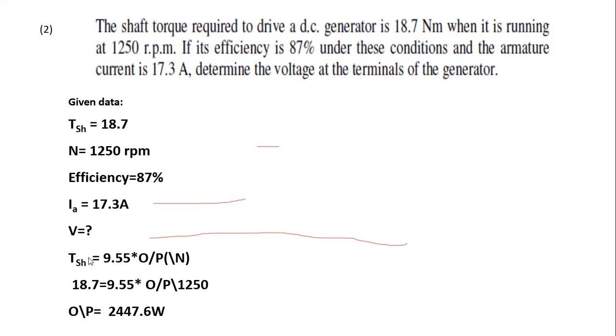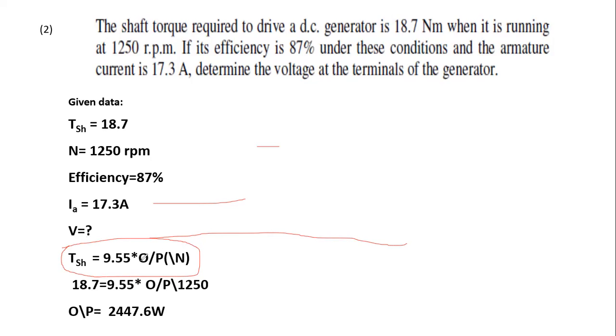First of all, Tsh. What is the formula for shaft torque? Tsh is equal to 9.55 into output by N, where N is the speed.